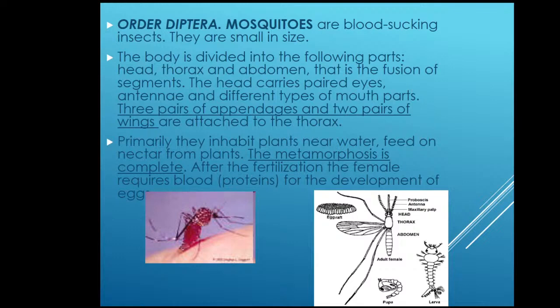The mosquitoes have 3 pairs of appendages and 2 pairs of wings, which attach to the thorax. For mosquitoes, indirect development with complete metamorphosis is characteristic.